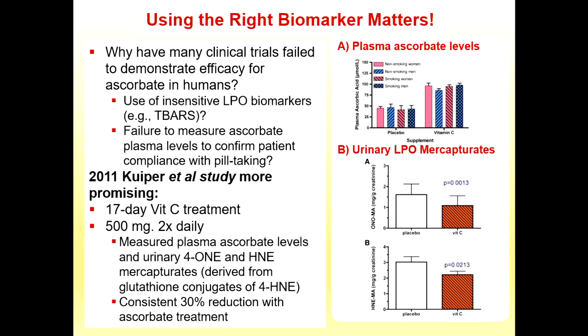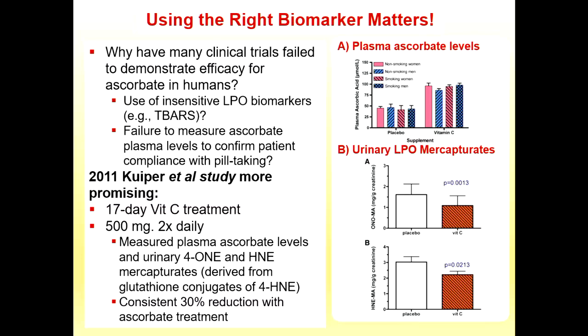But in this Dutch study, they actually measured mercapturates. Remember that mercapturates are formed from aldehydes reacting with glutathione that then get processed in the kidney and form these N-acetylcysteine derivatives via the glutathione conjugate.